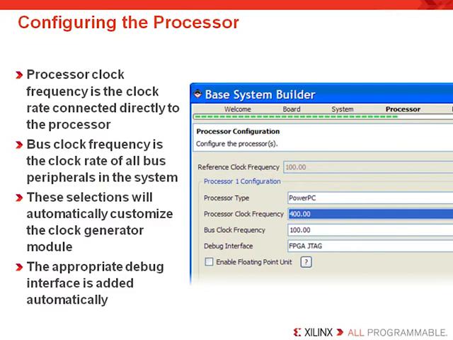So generally, most integer relationships between the frequencies are supported, generally 1 to 4, where the highest frequency would be connected to the processor itself, say the processor at 400, and the lower frequency to the buses, say 100. The BSB in this case will also write a global timing constraint for each clock signal in the UCF. That will guide the implementation tools to manipulate the place and route solution so the system timing can be met.